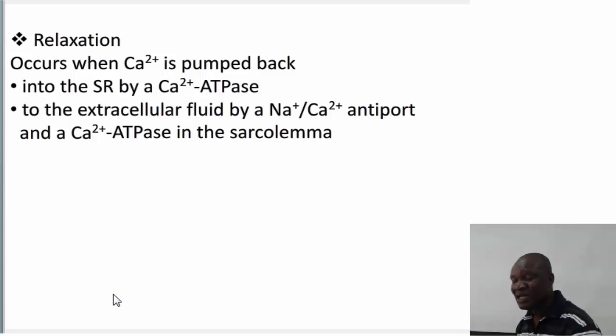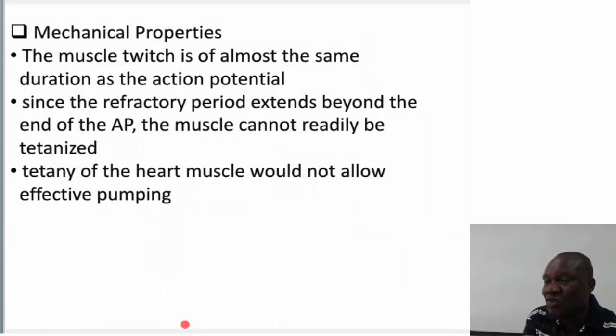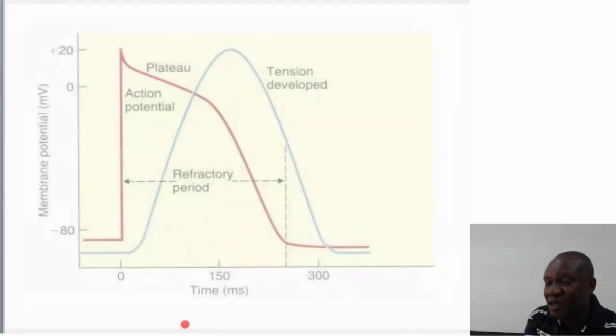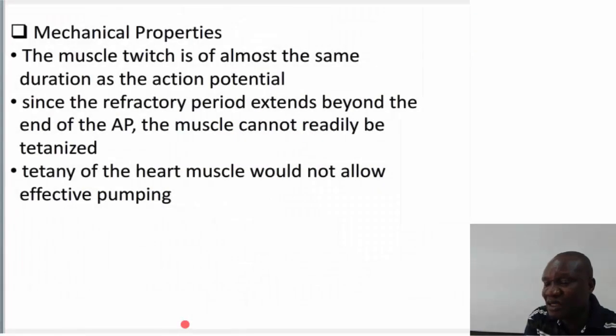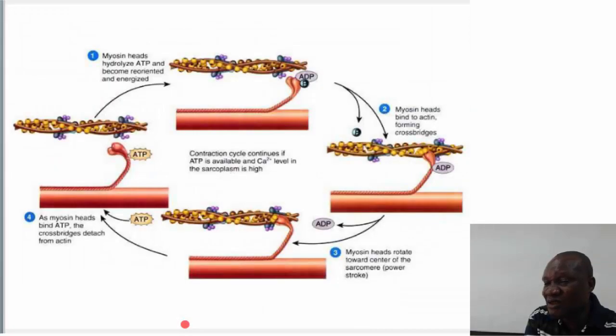Now, one thing I failed to mention is that the strength of contraction of the cardiac muscle depends on the concentration of calcium ions in the sarcoplasm. So the higher the concentration of calcium in the cell, the greater the strength of contraction.